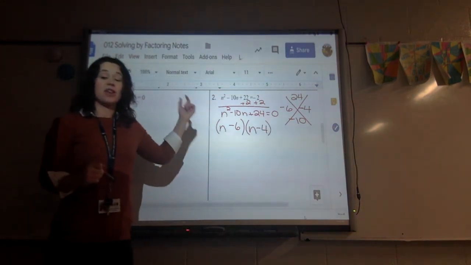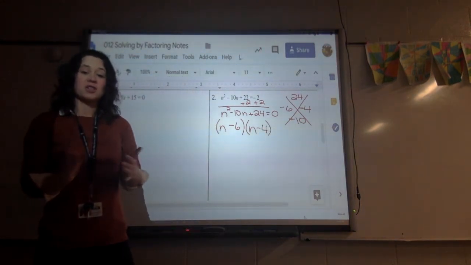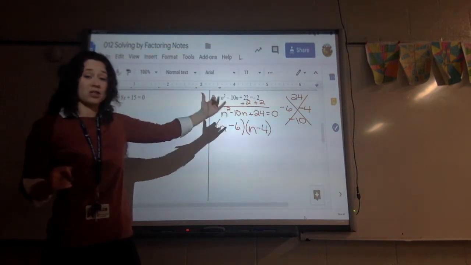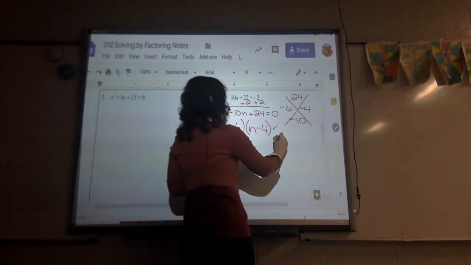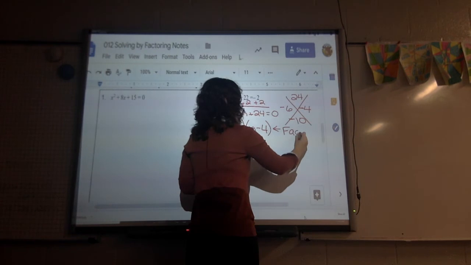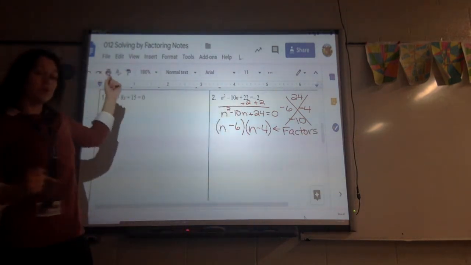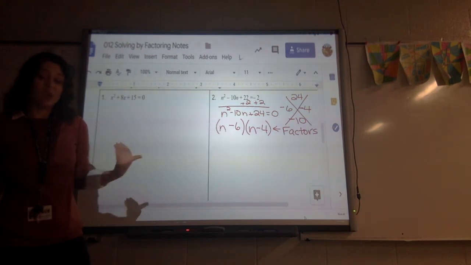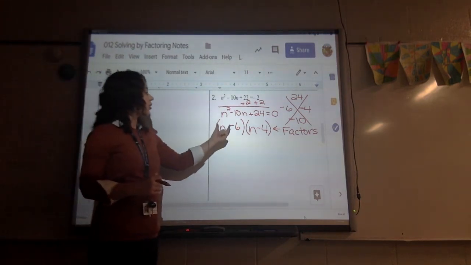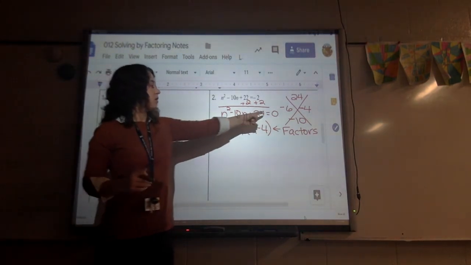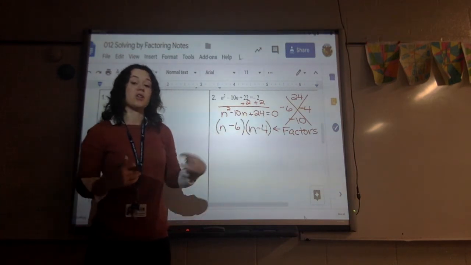And again, there are my factors. If I get instructions that say factor, that's all I do. I stop right there. So I'm going to label these as factors. But if I actually want to solve, which I do in this case because that's what my instructions tell me to do, I want to know where each of these two pieces equals 0. What does n actually equal?